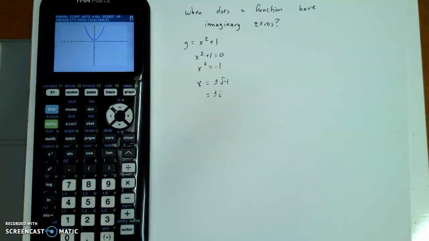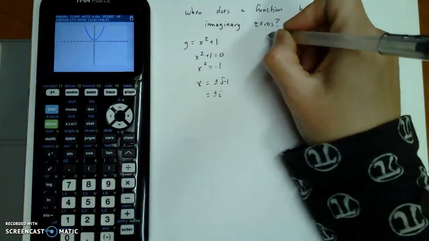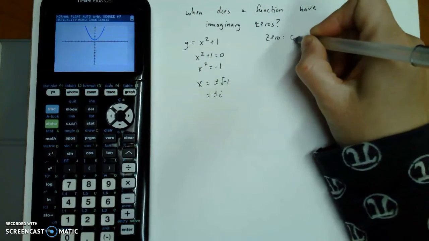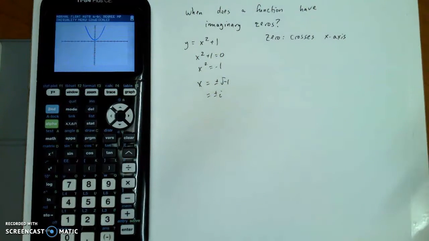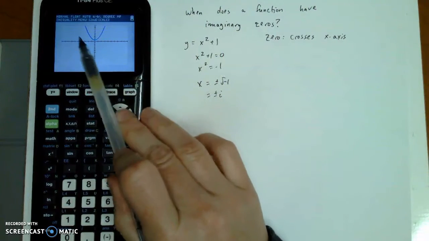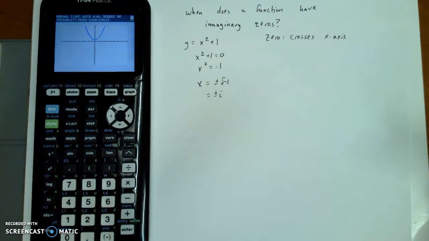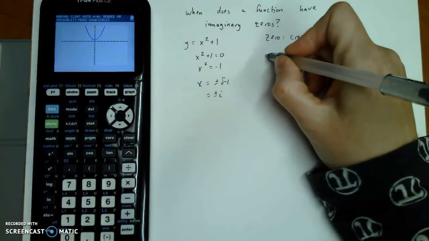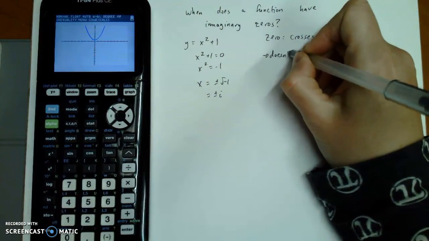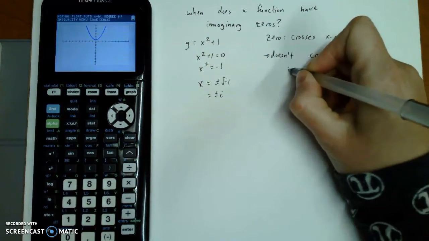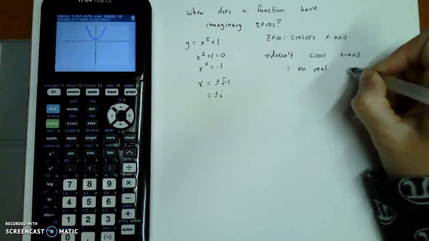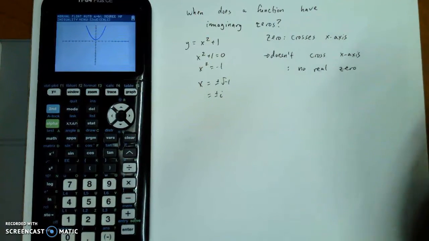So, the zeros is where it crosses the x-axis. So that means if I have a graph that doesn't cross the x-axis, does that mean it doesn't have a zero? That means it doesn't have a real zero. So if it doesn't cross the x-axis, that means no real zero.